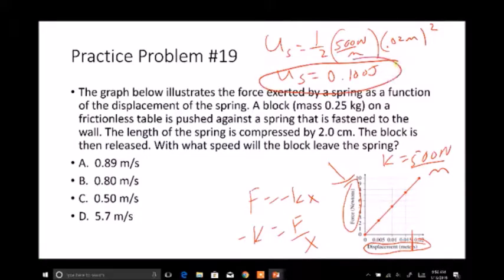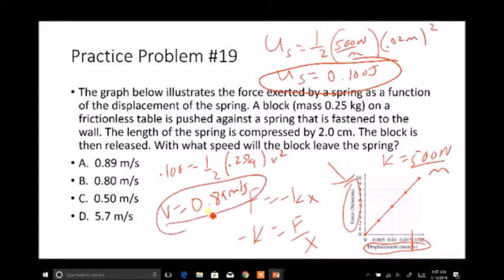So we're going to set that, the 0.1, equal to the equation for kinetic energy, which is 1/2 mass times velocity squared. And we're going to solve that out for v. And when we do the algebra and solve for v, we end up with a speed of 0.89 meters per second. So we're looking at answer A as our correct answer on problem number 19.